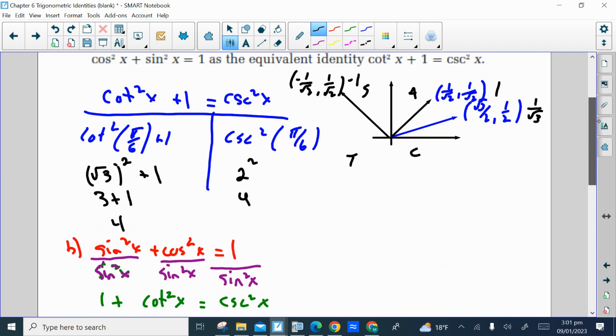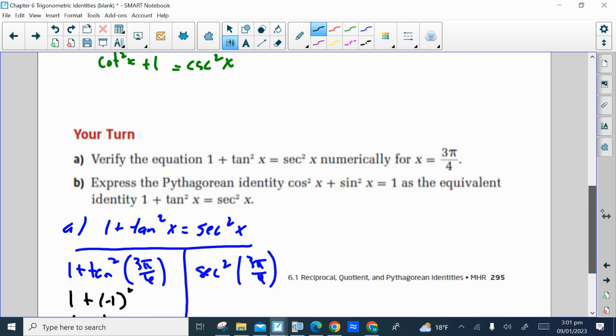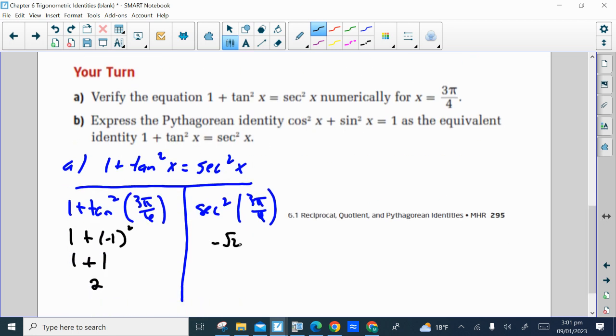The cosine is negative 1 over root 2. The reciprocal of that would be negative root 2 over 1. That needs to be squared because it's secant squared, which also gives us positive 2. So we've shown that that equation is true when x equals 3 pi on 4.